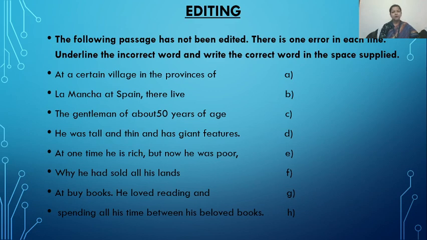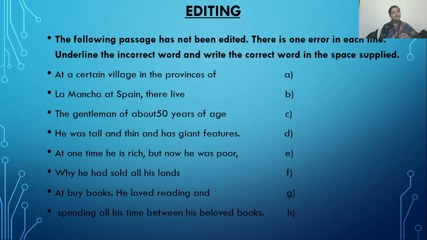So first of all, you have to find out the mistake, underline it, and write what should be the correct word in the place of that. So you have to do three things in this editing: finding out the error, underlining it, and then writing the correct word in the place of that.